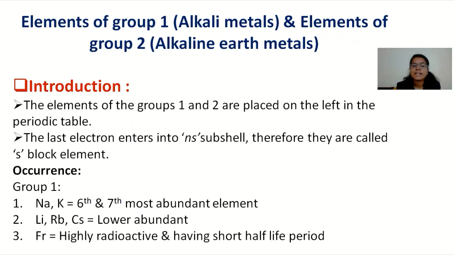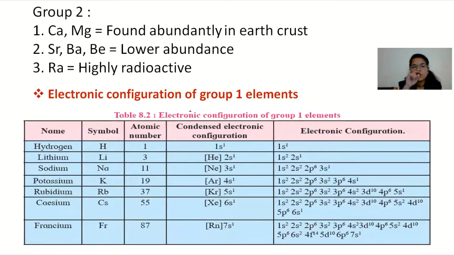Francium is highly radioactive and has a short half-life period. Now group 2, in that calcium and magnesium are found abundantly in the earth crust, while strontium, barium, beryllium have lower abundance, and radium is highly radioactive.